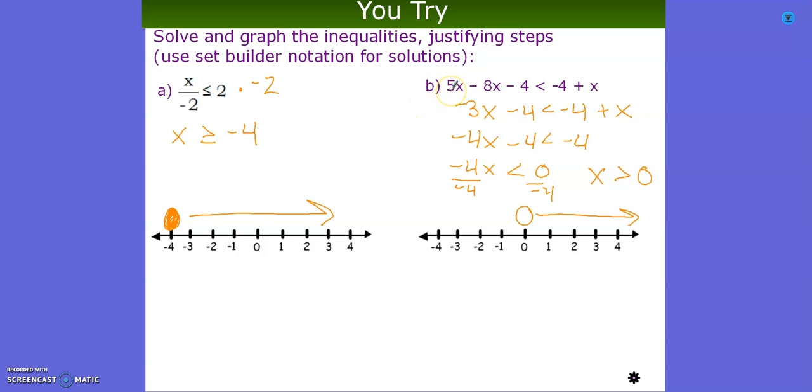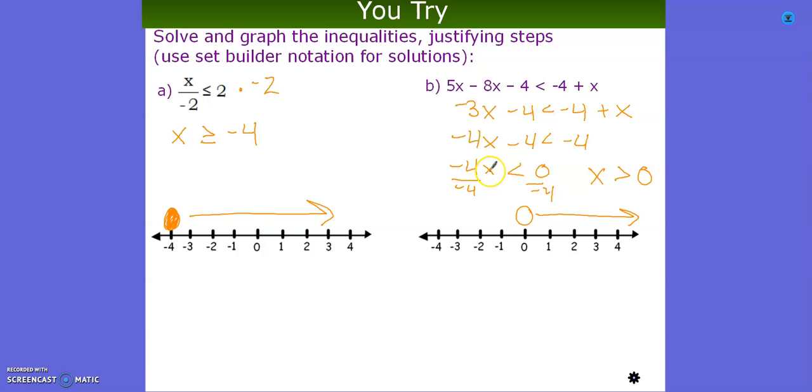For letter B, you could have done this in many ways. One thing I did was combine my like terms. So I combined my x's here on the left side first. Negative 3x minus 4 less than negative 4 plus x. Then I moved this 1x over by subtraction. So now I'm at negative 4x minus 4 is less than negative 4. Then I added this 4 to both sides.